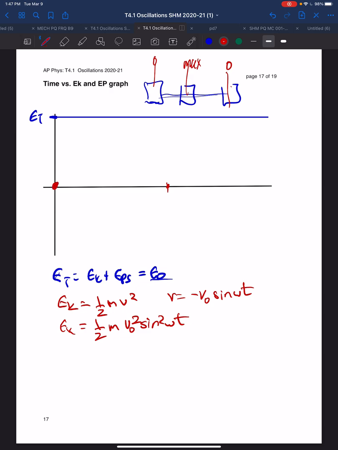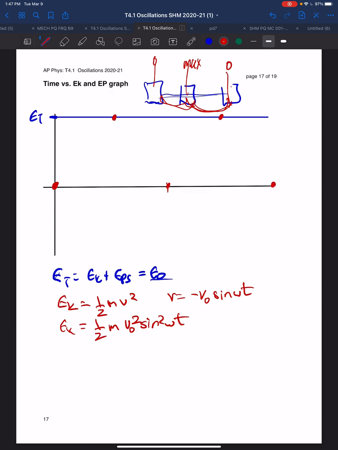And when we complete this cycle, we see that it's a maximum at pi over 2 radians. Kinetic energy is a maximum at pi over 2 radians, and it returns to 0 at pi radians. Then at 3 pi over 2 radians, it returns to a maximum, and at 2 pi, it is 0.